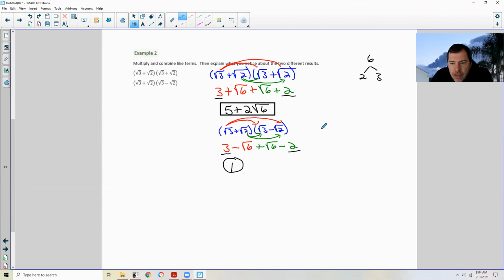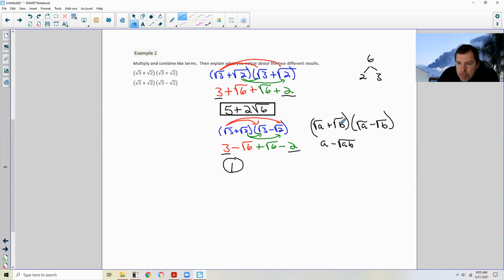So if I switch this and I said the square root of a plus the square root of b, and I multiply that by the square root of a minus the square root of b, watch what's going to happen here. The square root of a times the square root of a is a. The square root of a times the other term is minus the square root of ab.